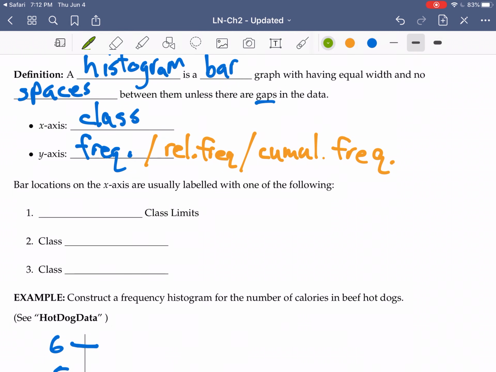The bar locations for the x-axis are usually labeled with one of the following. So we might use the lower class limits, we might use the class midpoints, or the class boundaries.